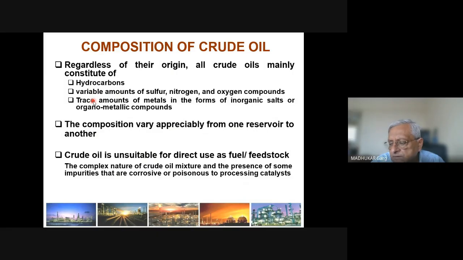Like for example, in our own country, we have a huge crude oil reserve. I mean, it's not huge in that sense, but from an Indian sense, it's one of the largest. That is Bombay High. I mentioned in my last lecture that 300 kilometers west of Mumbai, right in the middle of the sea, is what is called Bombay High, where they discovered crude oil below the ocean bed.